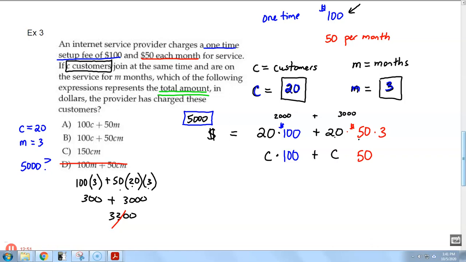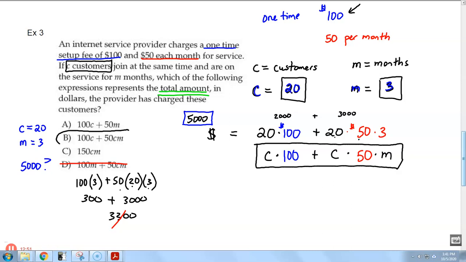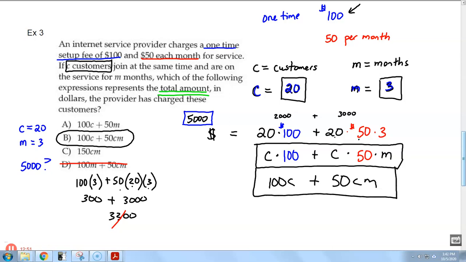I picked the customer, and I picked the month. And if you look at that, that looks a lot like this one, but the numbers are just reversed around a little bit. They did 100 times C, plus they put the 50 in front, and then the C, and then the M. These are the exact same expression.